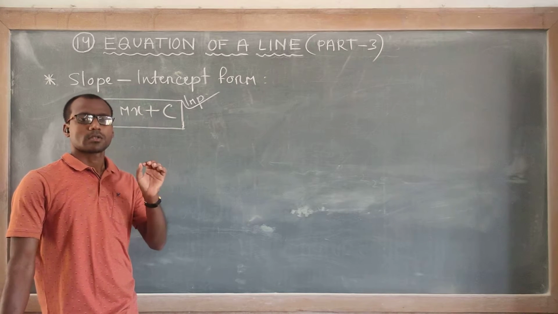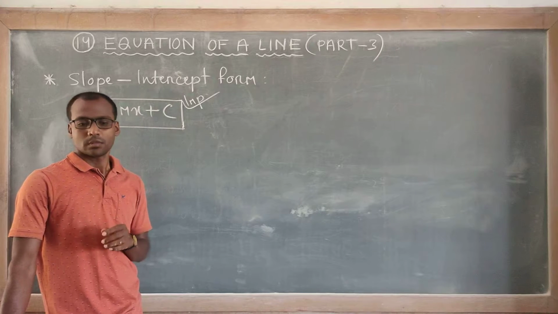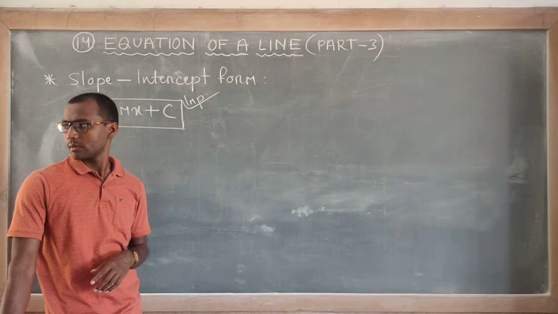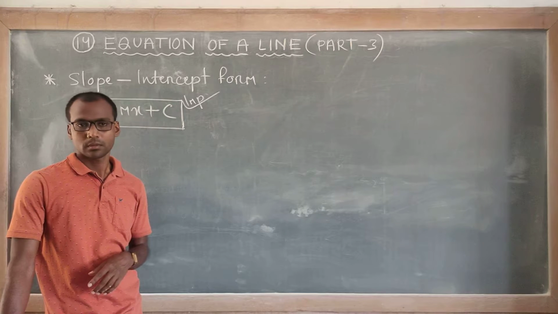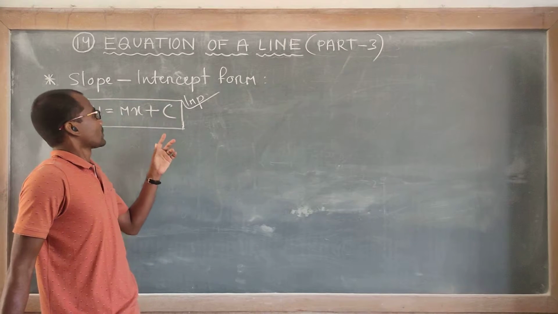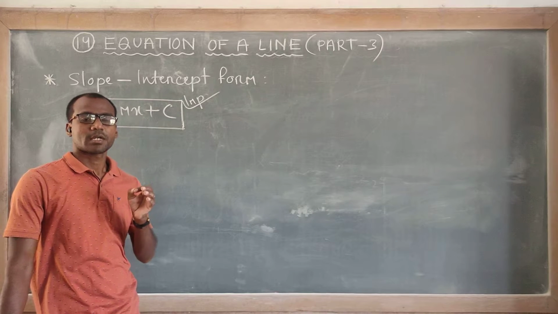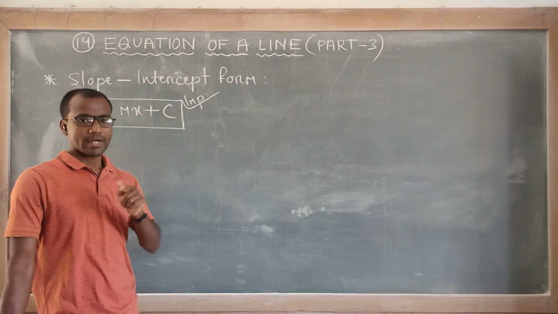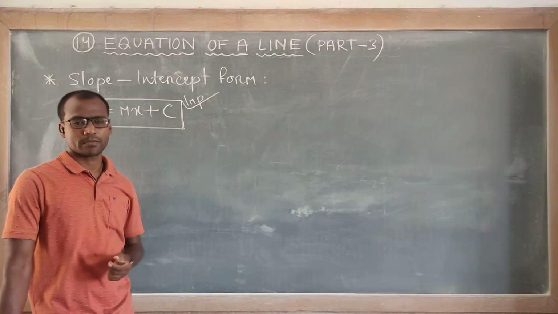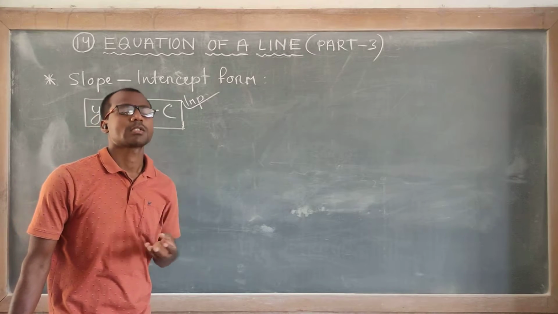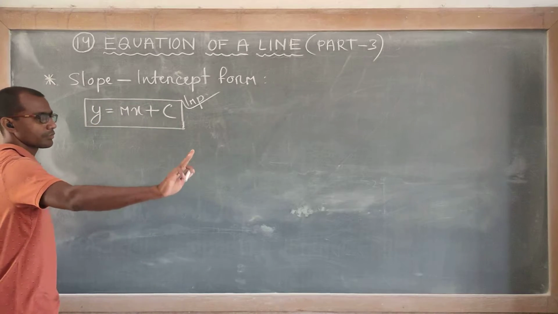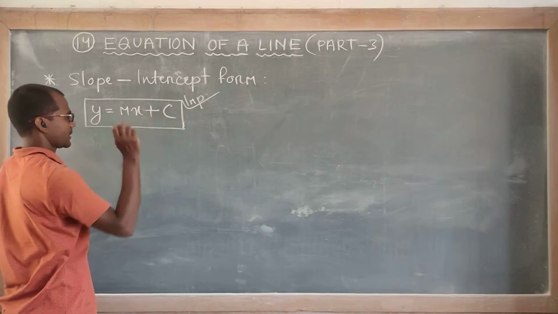I told that slope of a line is represented using the small letter m. Then what is c? Y intercept. A few minutes before I told that y intercept is represented using the small letter c. So here two main things are slope and y intercept.